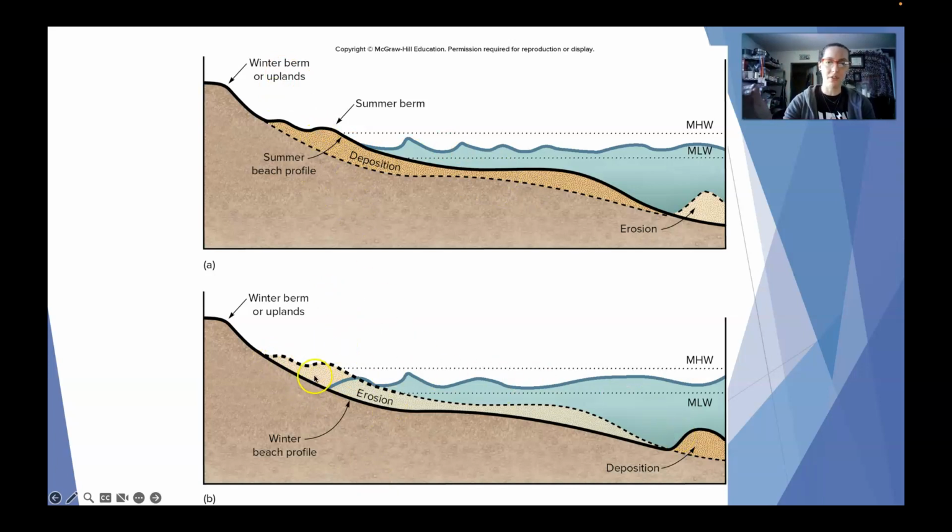All of this sand that was up on the physical beach is now stored out here, a bit more offshore. So again, we say things are in dynamic equilibrium if there's no loss of sand in this whole process.